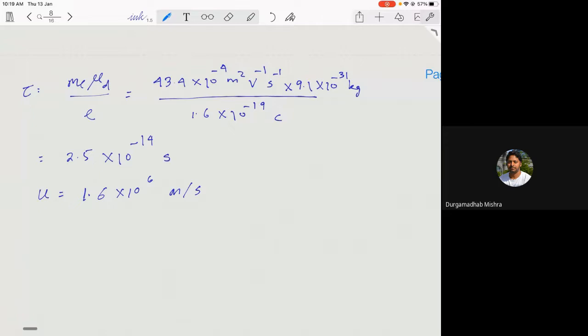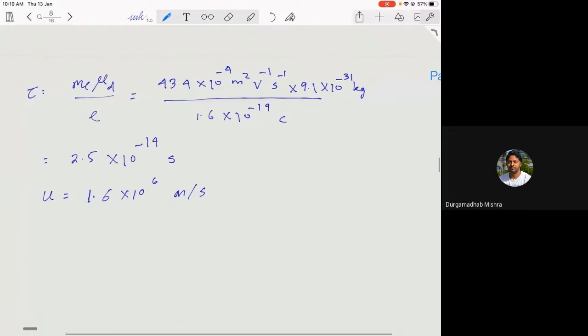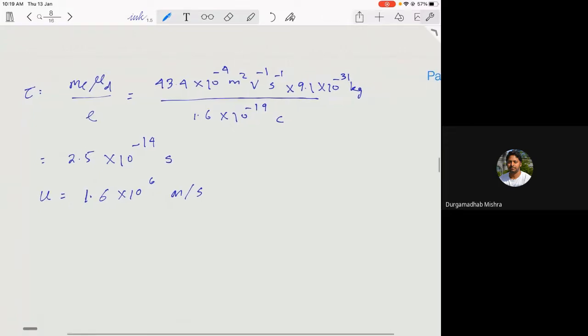And we need to calculate the mean free path. So what is mean free path? It is normally given by, let's say we call it L, which will be u, the speed, into time tau. That is the mean free path.